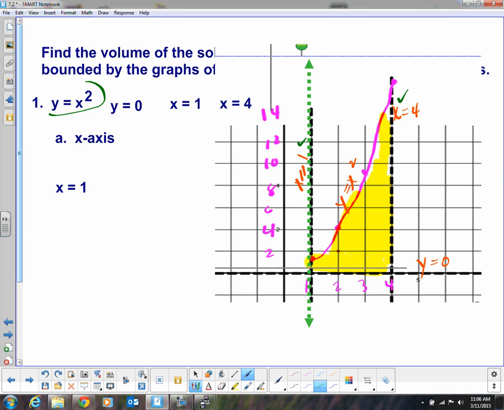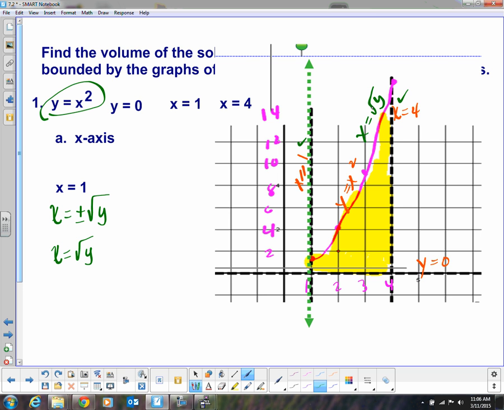What do I have to do with this? Make it so x equals something. x is equal to what? Positive or negative square root of y. What are the y's up here, positive or negative? So the equation I'm going to use for the moment is x equals square root of y. It's the same graph, but we're going to use the green.